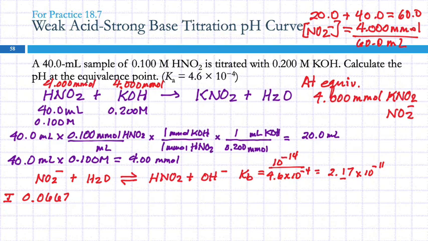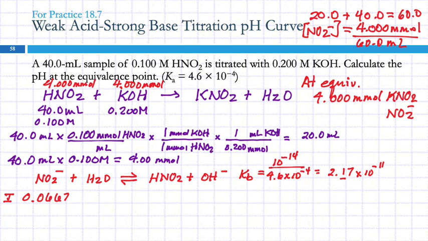What's the initial concentration of HNO2? So this is where we have to think, well, what do we mean by initial? Which initial, right? The way you view a titration like this is the acid and the base react completely to form the NO2 minus.